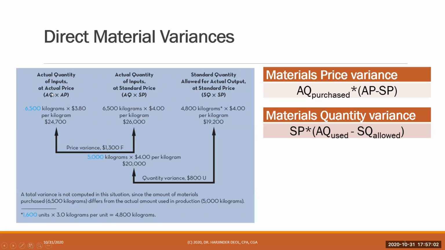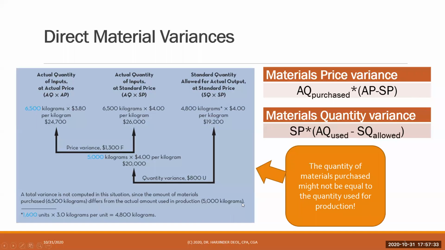So you've got the actual quantity times the actual price, actual quantity times the standard price, standard quantity allowed times the standard price. The difference between the actual quantity, actual price, and the actual quantity, standard price gives us the material price variance. And then the difference between actual quantity used times standard price and standard quantity allowed times standard price gives us the materials quantity variance.